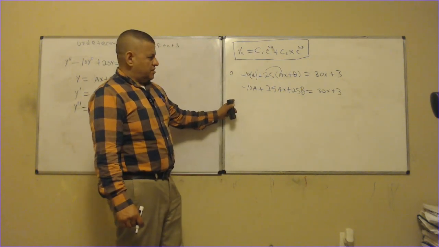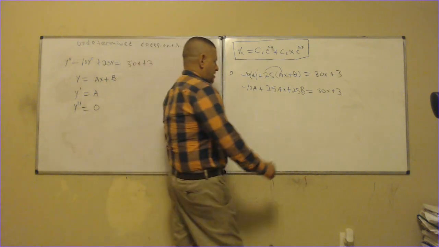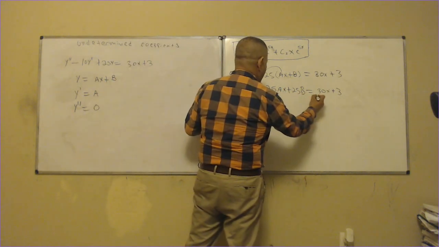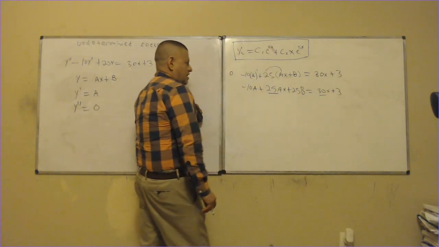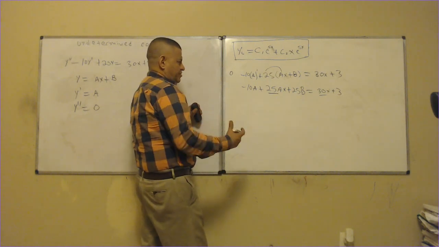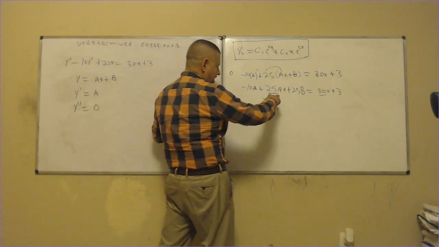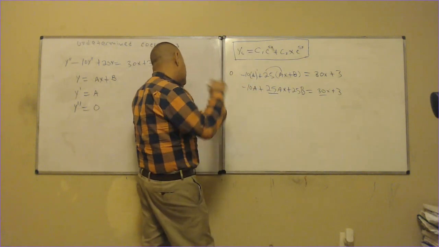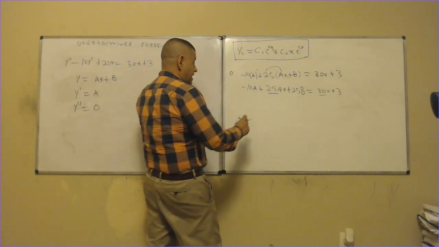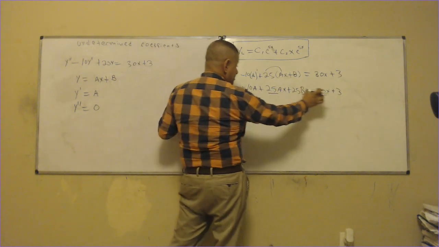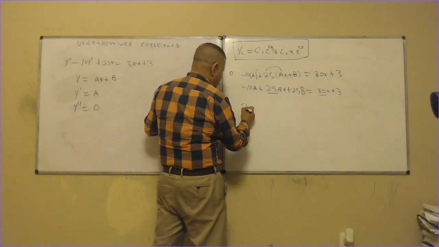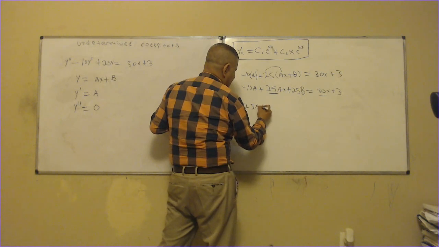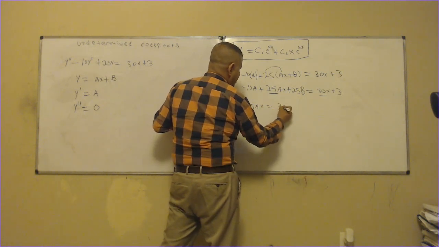Now notice that I have something back here, kind of similar, right? Again, comparing apples to apples, right? In the equation, I have an x. Now, I need to make this equal to that, right? So I do 25ax equal to 30x.